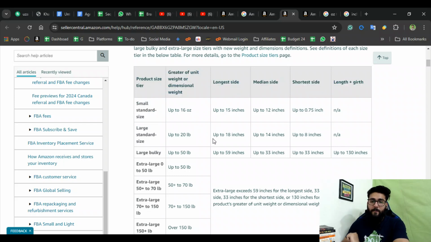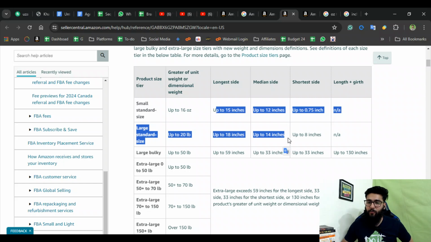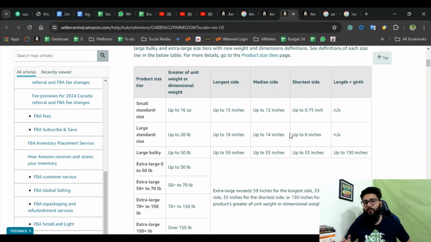Is there any possibility that we can reduce our product's longer side from 18 inches to 15 inches? Is there any possibility that we can reduce the medium side from 14 inches to 12 inches? Mostly these two options we can do, but the difficult one is the shorter side. We have to reduce it from 8 inches to 0.75 inches. That is a huge difference.